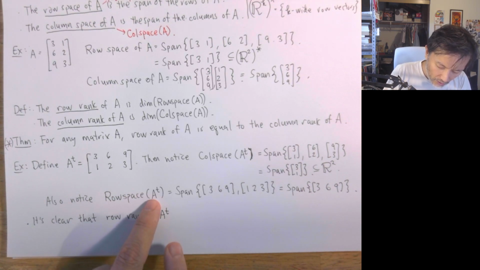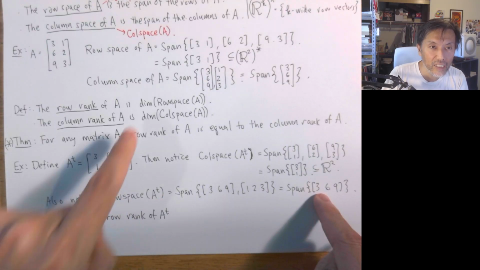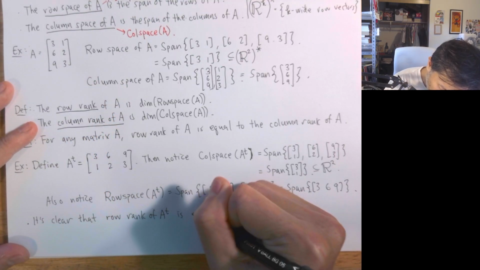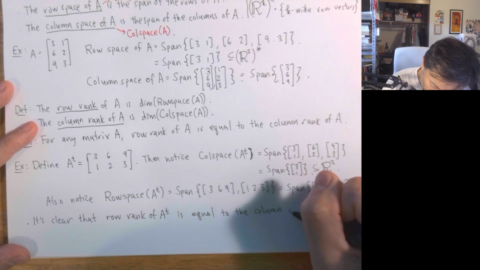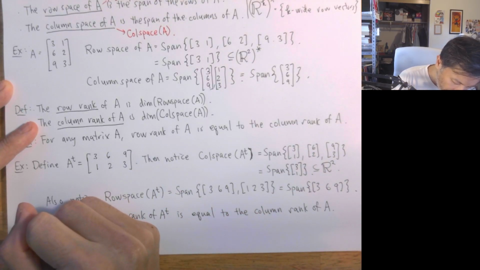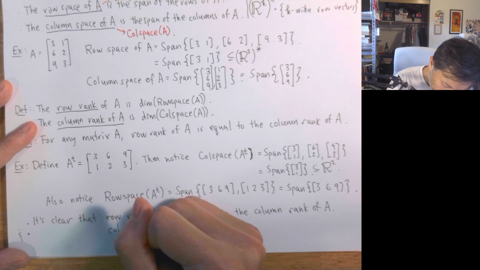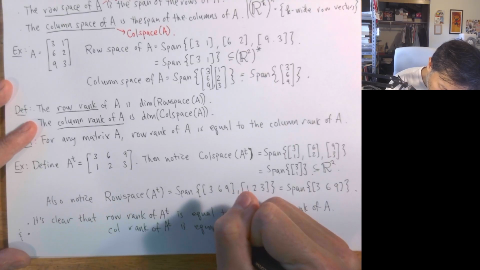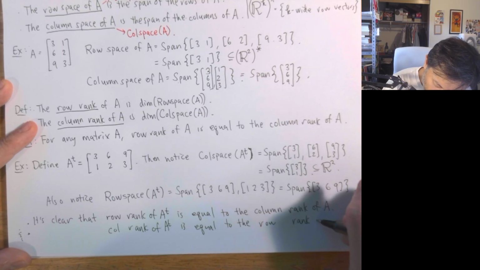I'm talking about the dimension of the row space of A transpose is exactly the same thing as the column rank of A. And the column rank of A transpose is equal to the row rank of A.